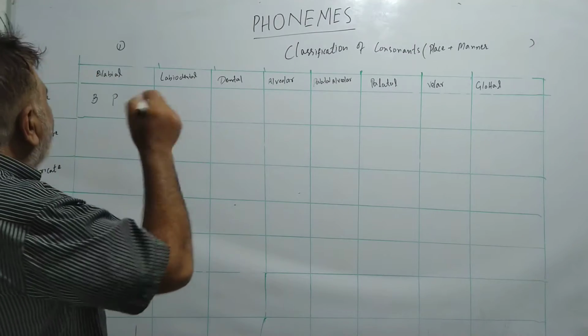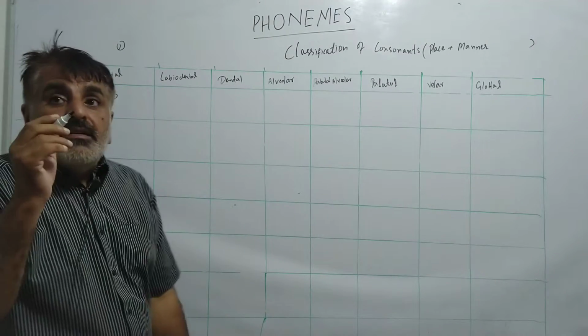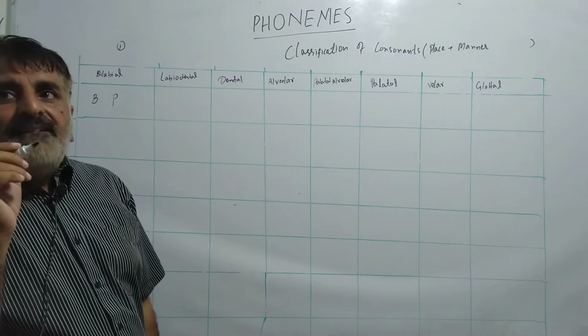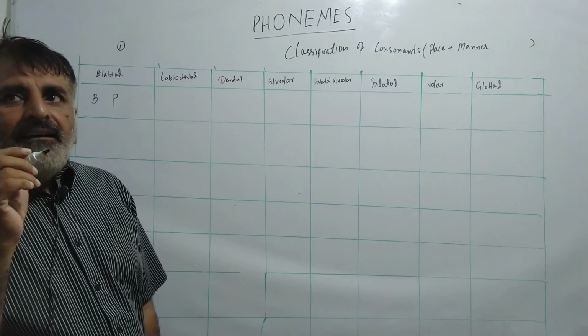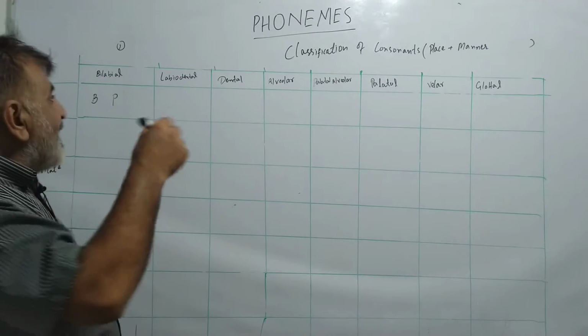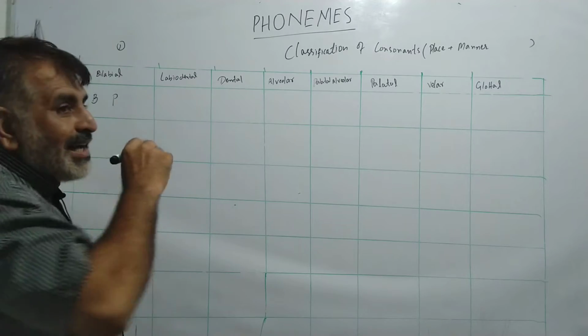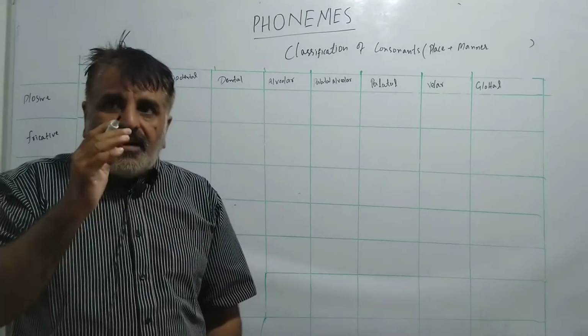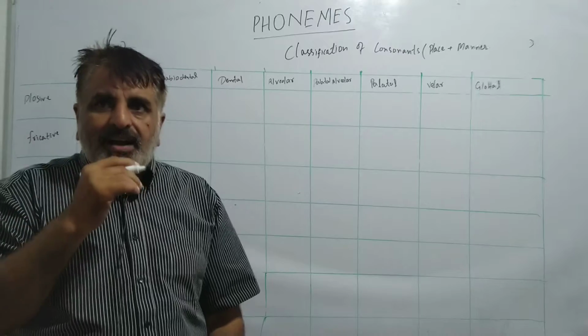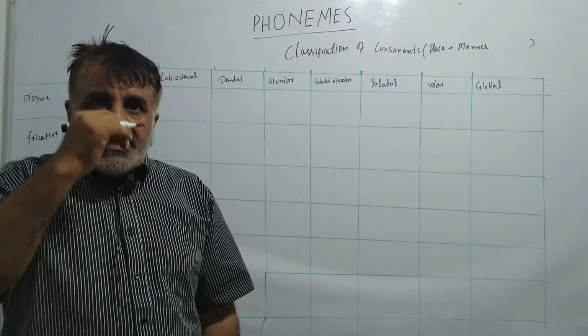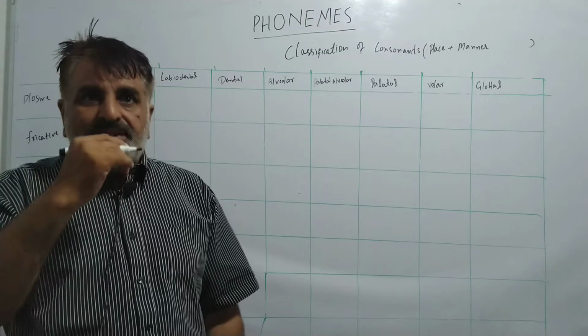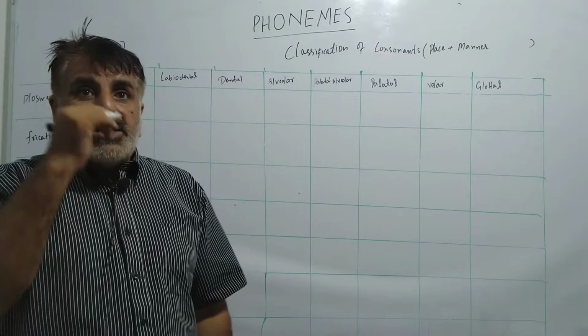Then I have labiodental sounds, which are fa and va. They are not plosive because the air flows continuously here. Fa, fa, fa. It means the passage of air flows and the sound is produced.